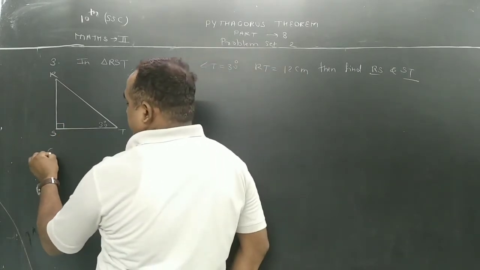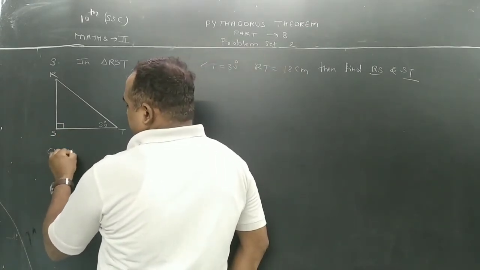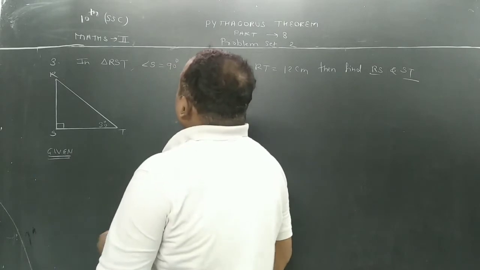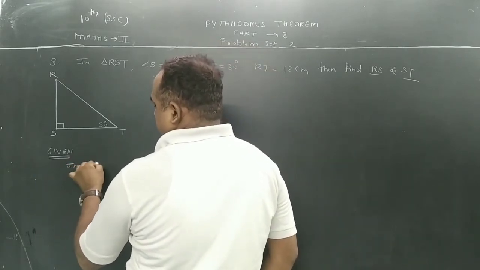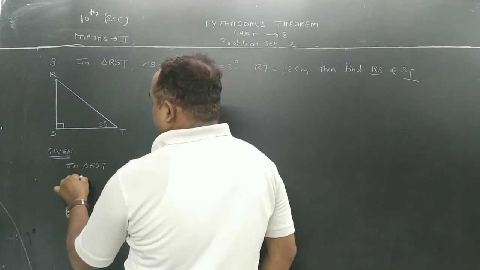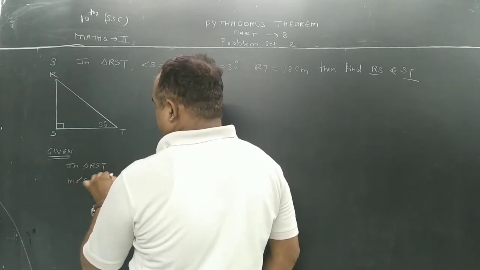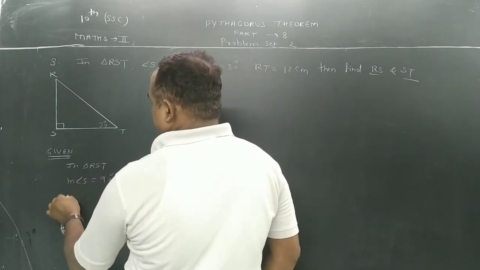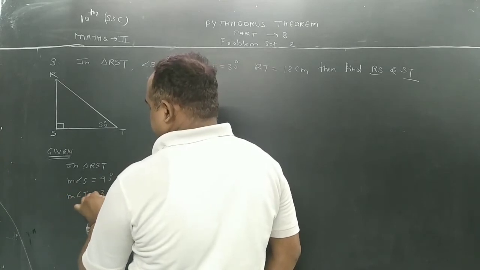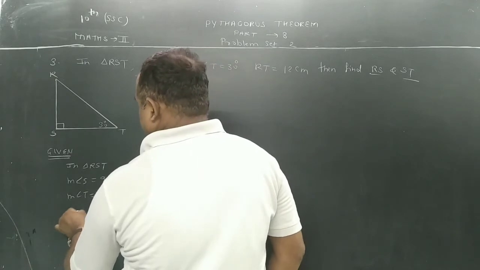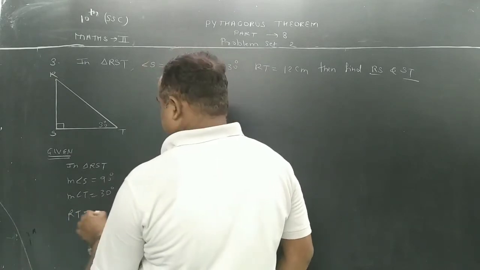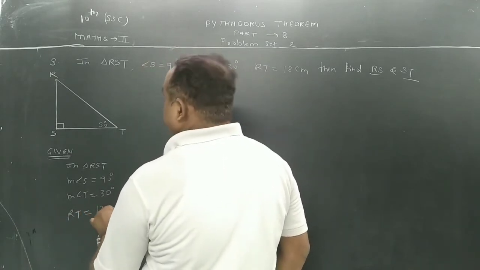So we write given: in triangle RST, measure of angle S is equal to 90 degree. Measure of angle T is equal to 30 degree. RT is equal to 12 centimeter.